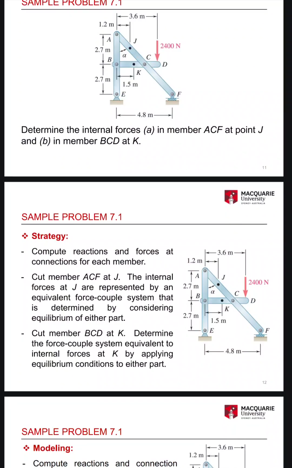Cut member ACF at J. The internal forces at J are represented by an equivalent force-couple system that is determined by considering equilibrium of either part. Cut member BCD at K. Determine the force-couple system equivalent to internal forces at K by applying equilibrium conditions to either part.